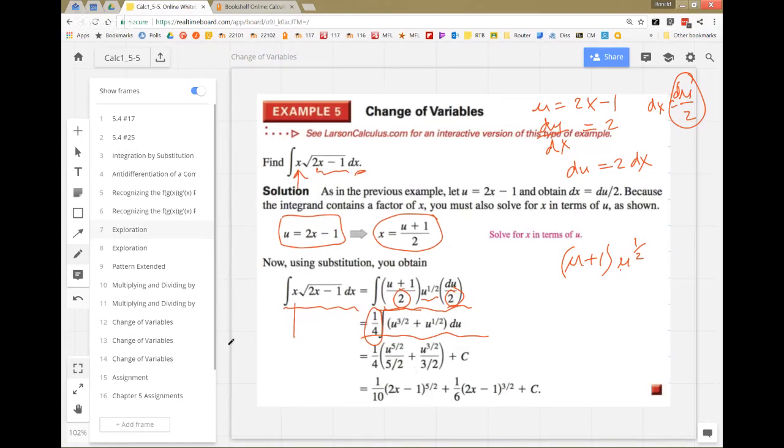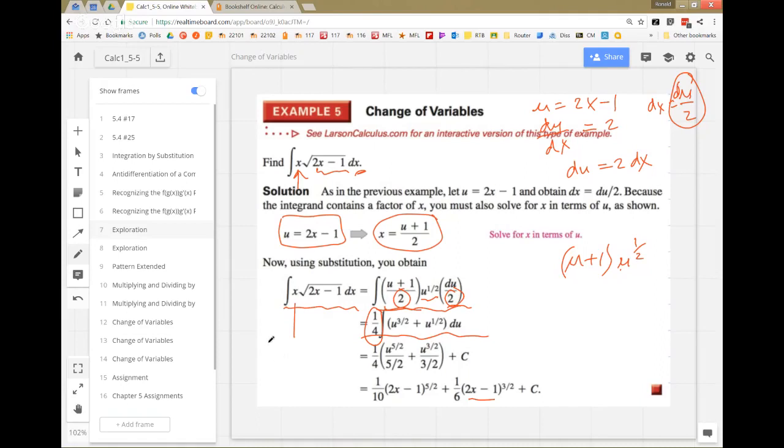And then in the second term, 2/3 times 1/4 is 1/6. And then plug in what u is equal to, and add a constant. We're done with the integral.